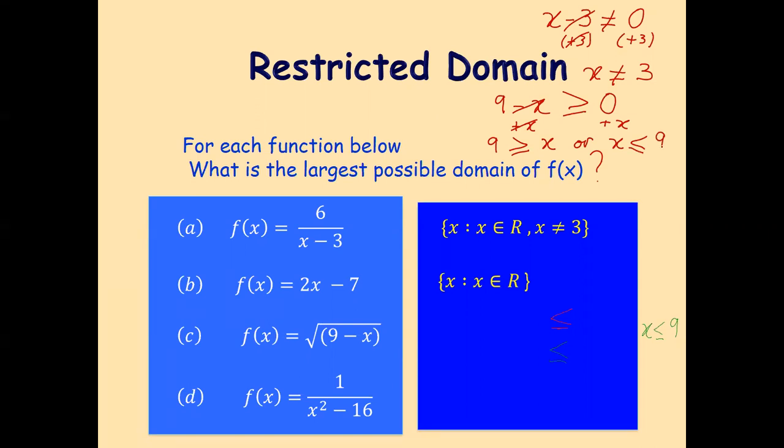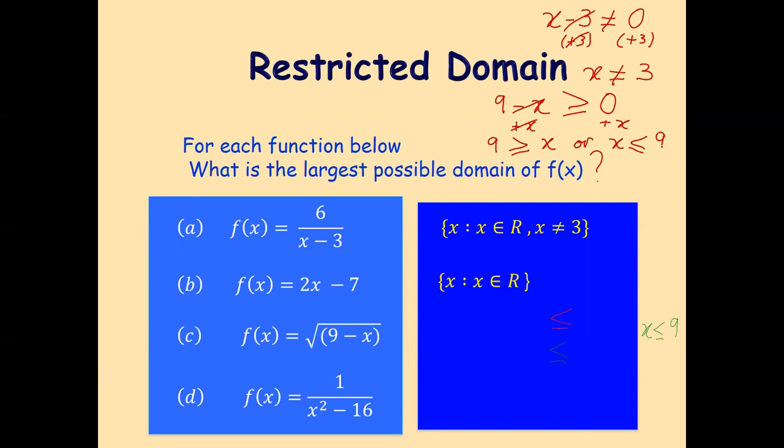So for this function to work, I need to have all the real numbers that are less than or equal to 9. Otherwise, this won't work. If I put 10 here, it doesn't work because what's 9 take away 10? 9 minus 10?